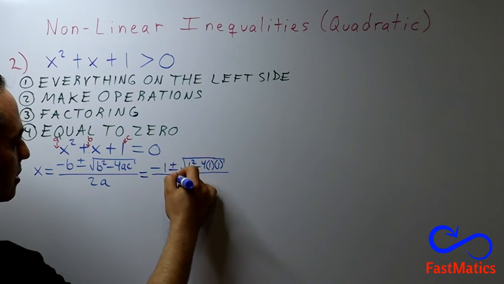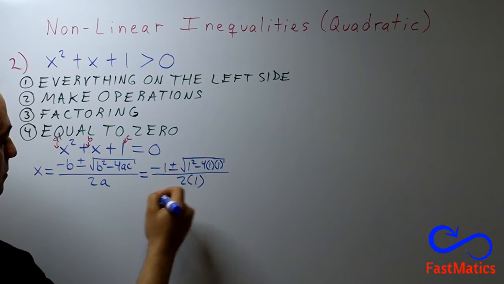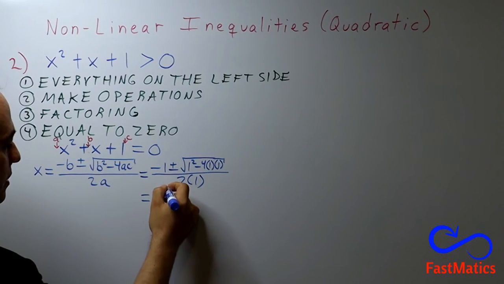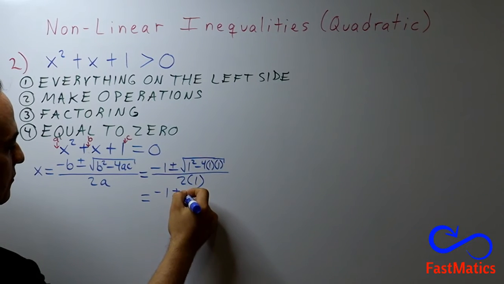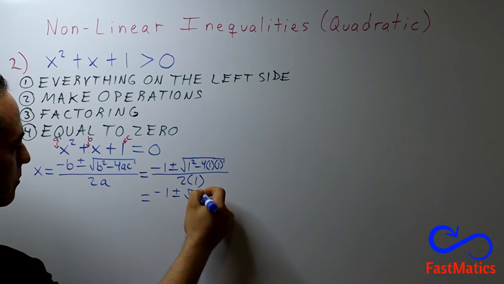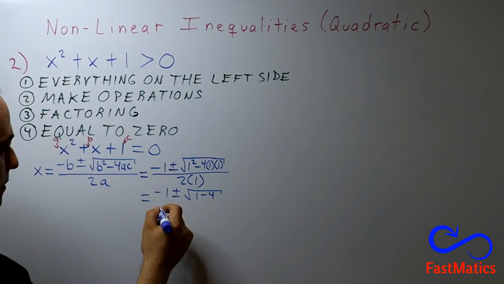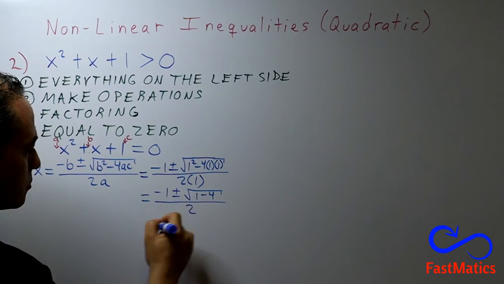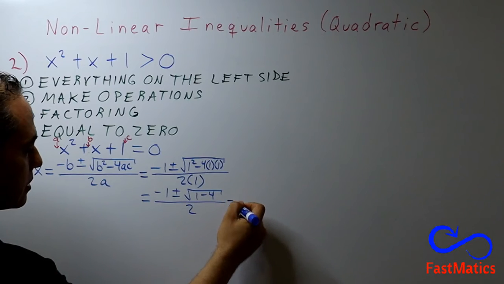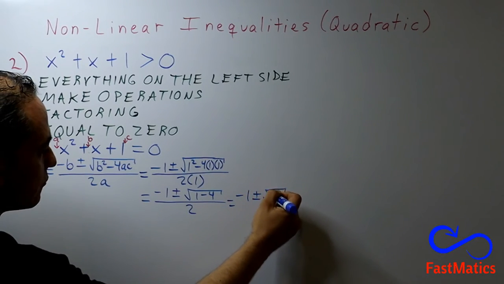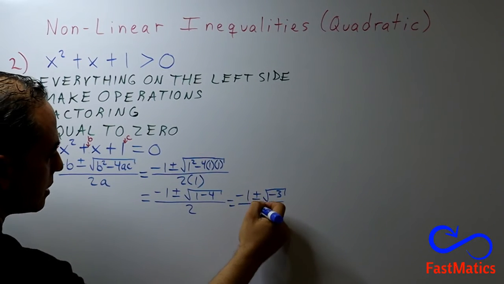And everything divided by 2 times 1. And now we see that we have negative 1, plus or minus the square root of 1 minus 4, because 4 times 1 times 1 is 4, divided by 2 times 1 is 2. And here you see that you have negative 1, plus or minus the square root of negative 3, divided by 2.